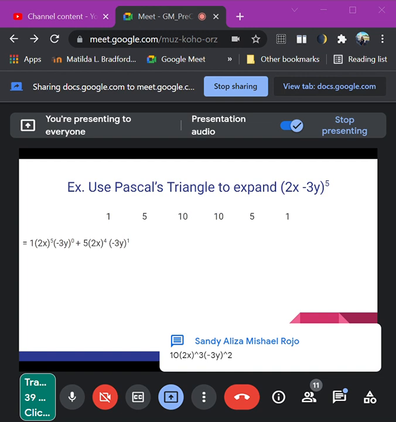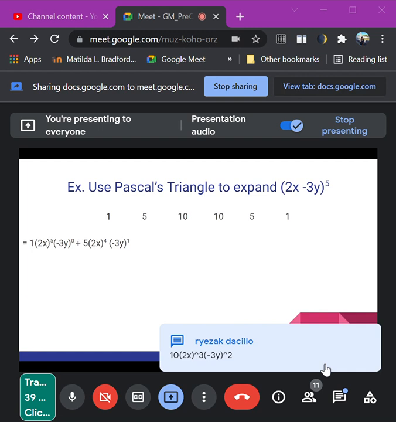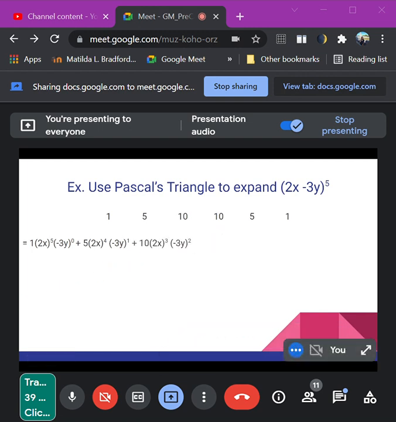Okay, we have 10, quantity 2x raised to the power of 3, quantity negative 3y raised to the power of 2. Very good. How about our next one, class? You have another 10.